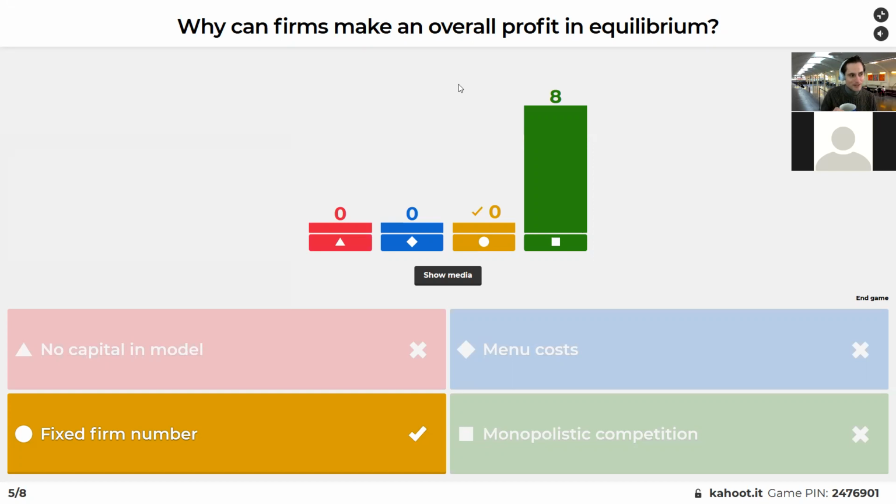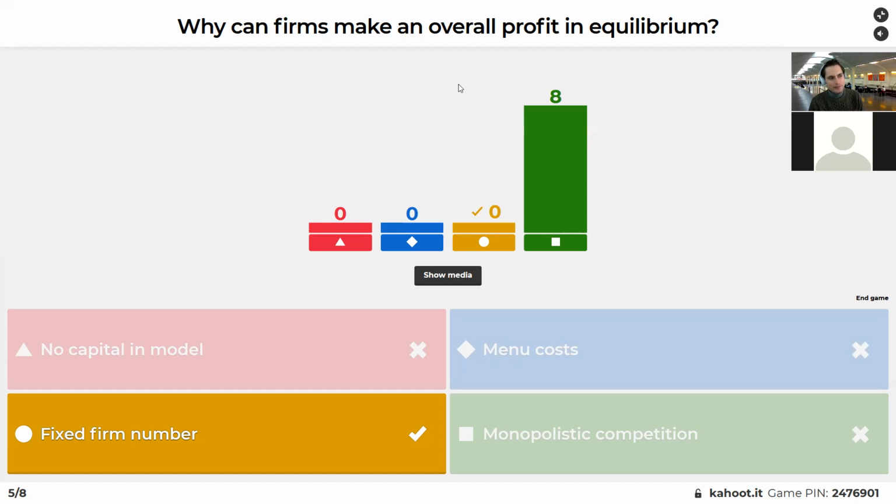If we had perfect competition as well, we wouldn't have had any profits, even with a fixed firm number. Well, is that right? Yeah, that would be right. So formally you need both ingredients, but monopolistic competition by itself is not enough.